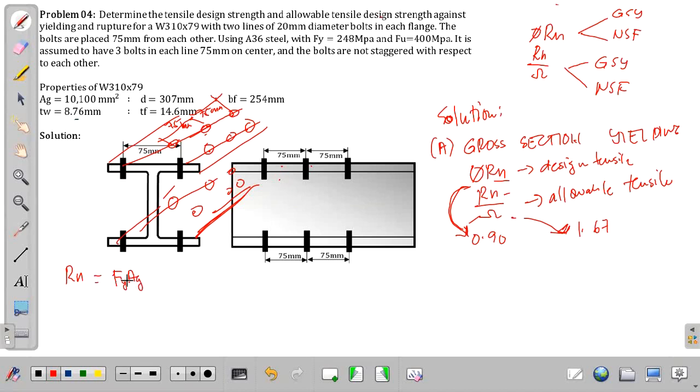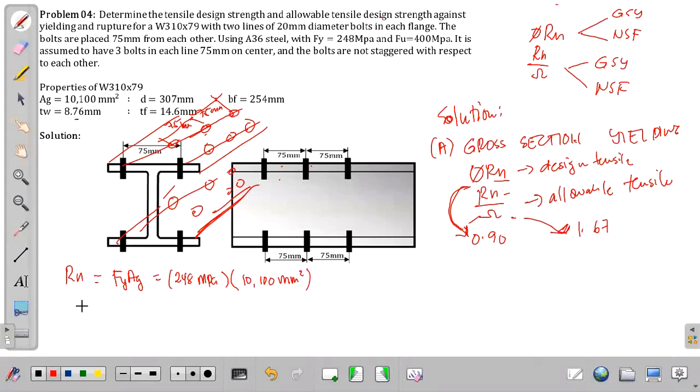Okay? Fy is given, Ag is given. So we can solve our value of Rn when we substitute value of Fy, that is 248 MPa, that is Newton per mm squared, and our Ag is 10,100 mm squared.